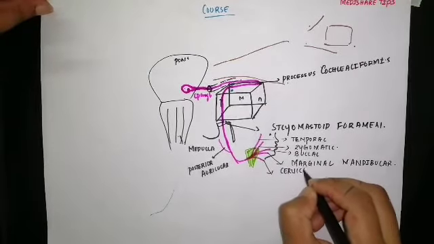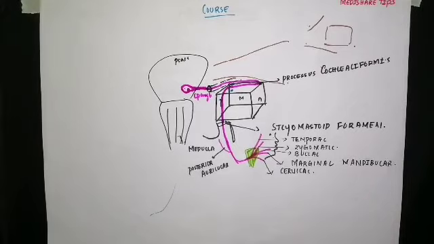So these are the terminal branches of the facial nerve which supply the muscles of facial expression.